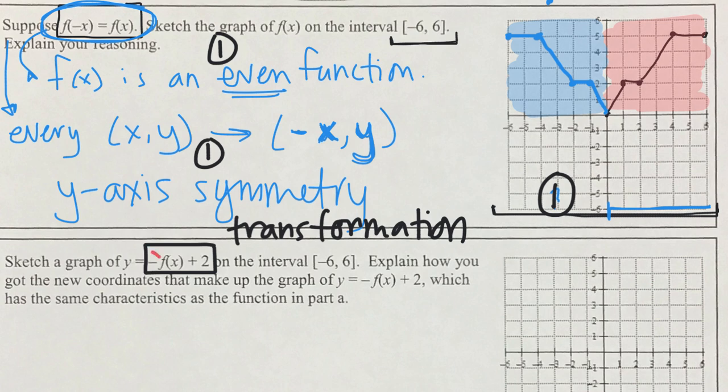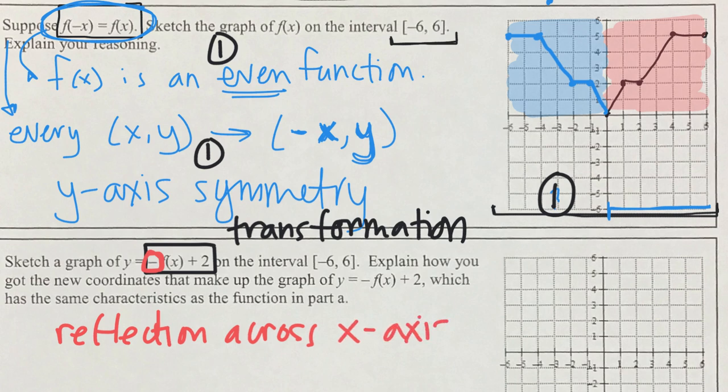Well, first we have a negative out here. So that means we're going to have a reflection across the x-axis. It says make all the y values negative. So everything on the top of your graph is going to be reflected down to the bottom half of your graph.